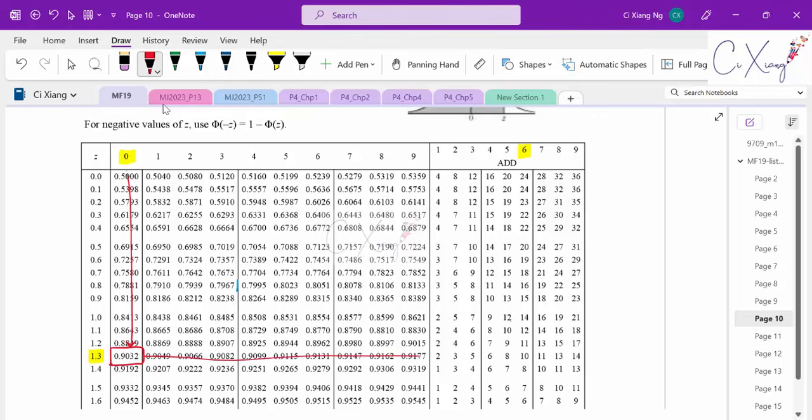What's the 6 at the back? You will get a 10 here. That means for 9032, you have to add 10 to the last 2 digits. So you have 9042. When you change it to probability, it becomes 0.9042.